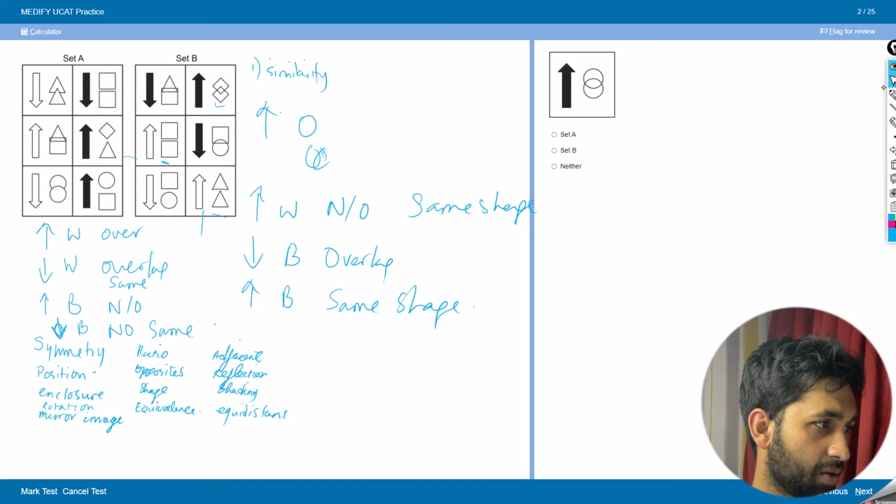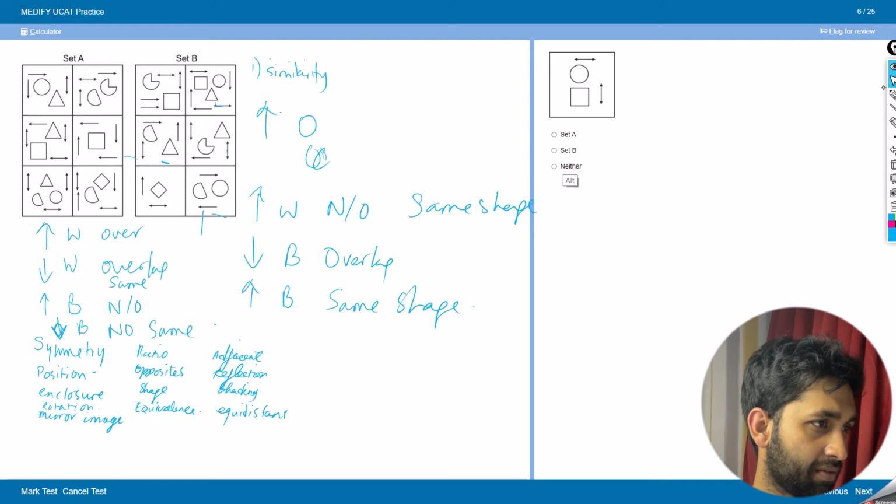This one is pointing up and it's black, and it's overlapping and it's the same shape, that's set B. Pointing down and overlapping, set B. Pointing up and overlapping, set A. Pointing down and overlapping, and it's black, set B. Okay, so that's our first question done.